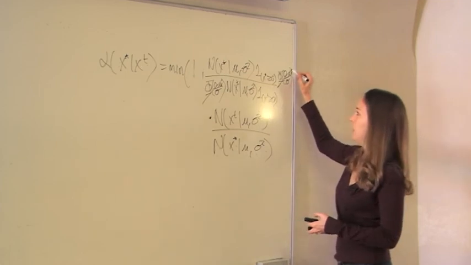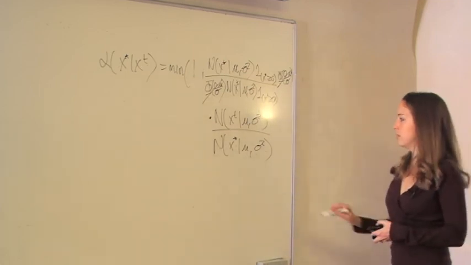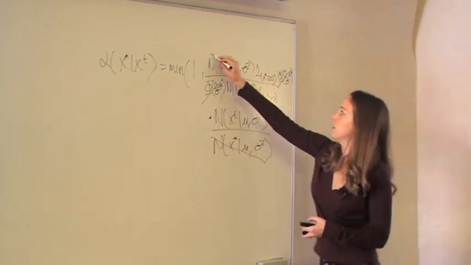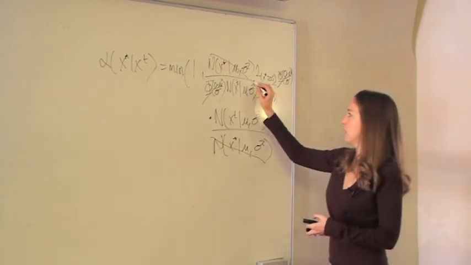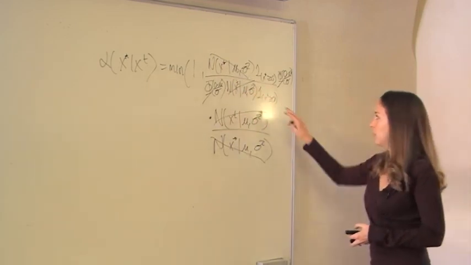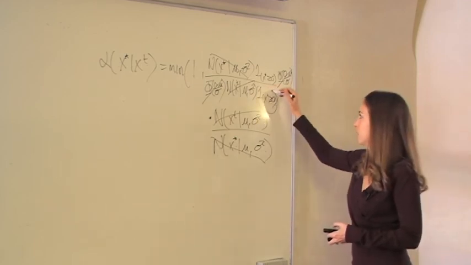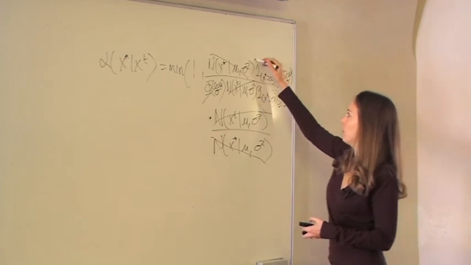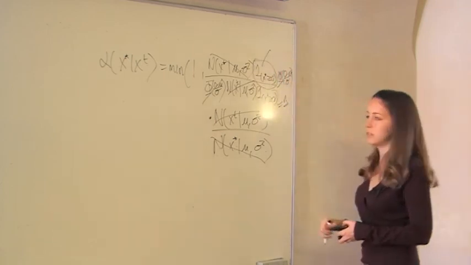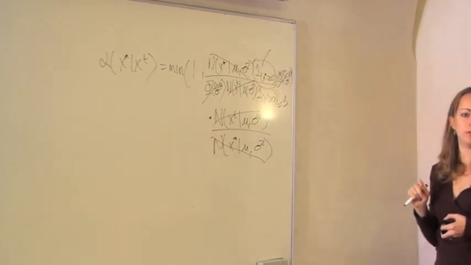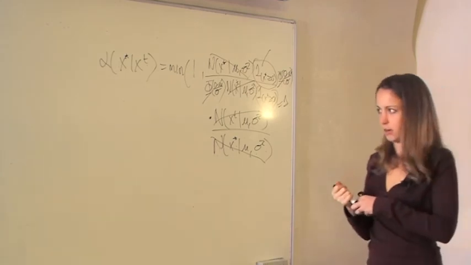The normalizing constants cancel. We have that the normal densities will cancel. Our current value is always bigger than 0, so this thing is 1. So our acceptance probability is just the indicator that our proposal is bigger than 0.